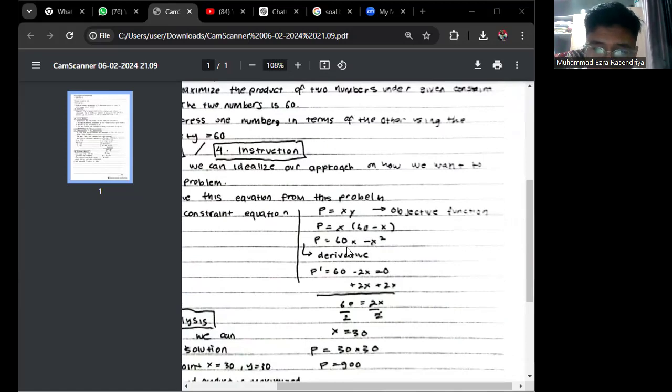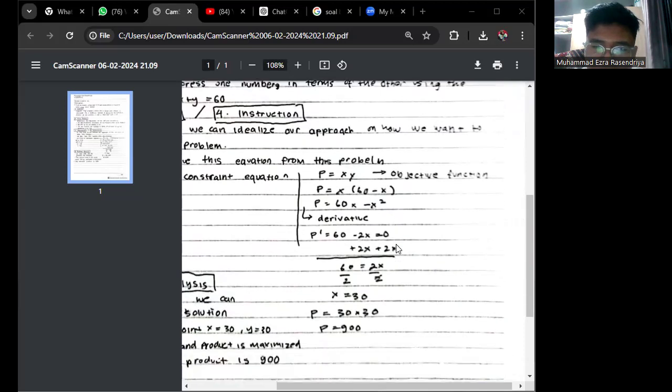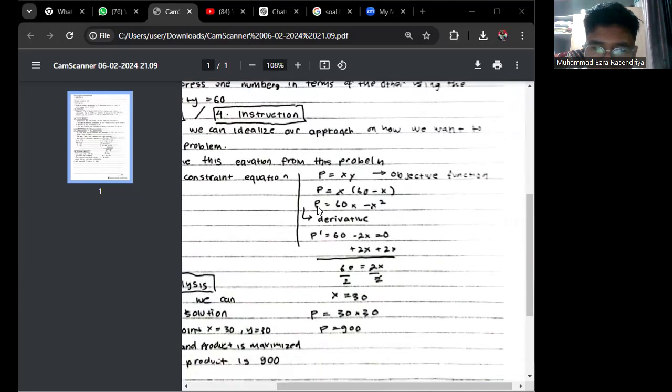From this equation, we can take the derivative. We can have P prime equals 60 minus 2x equals 0.